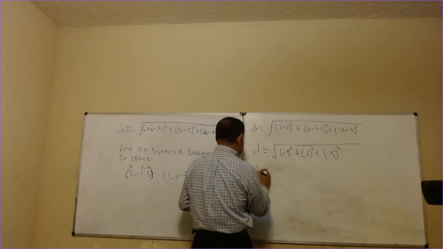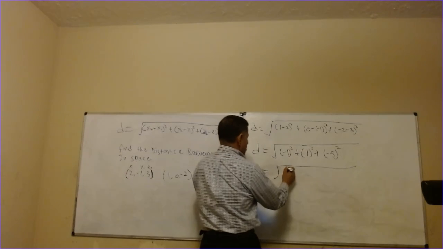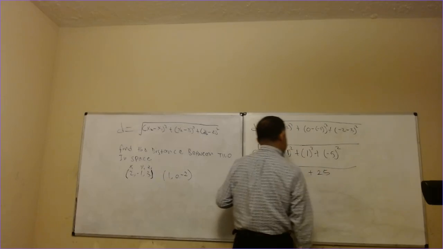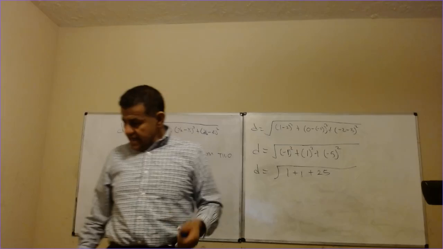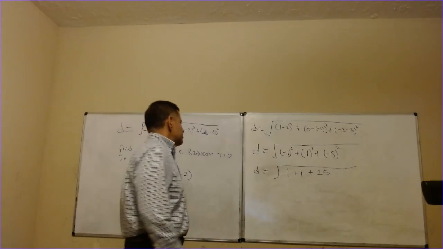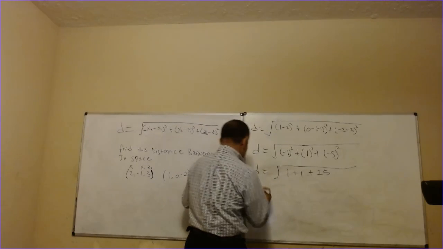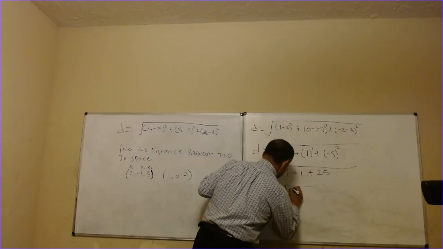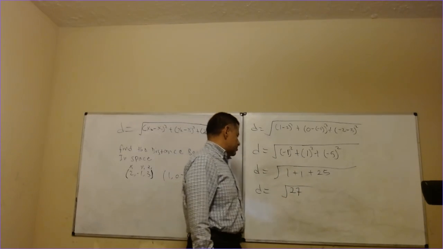I get D is equal to the square root of 1 plus 1 plus 25, and that is equal to 27 inside the square root.